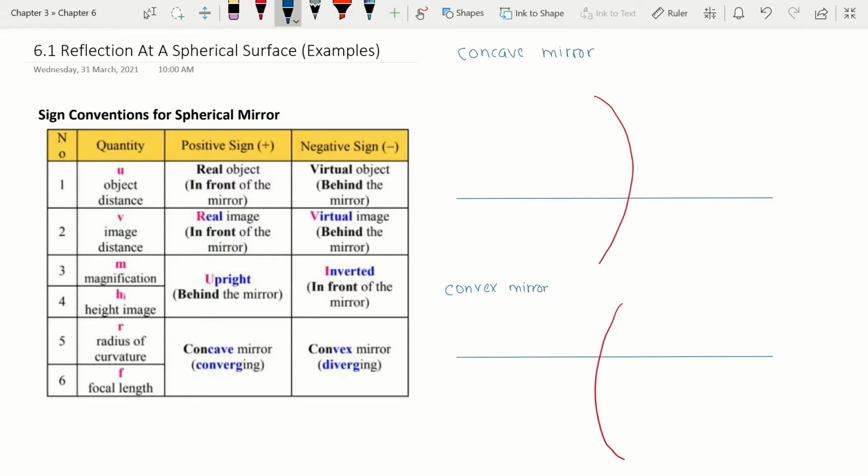Now, we learned the review method before. Do you remember? Real image, inverted image, virtual image and upright image.